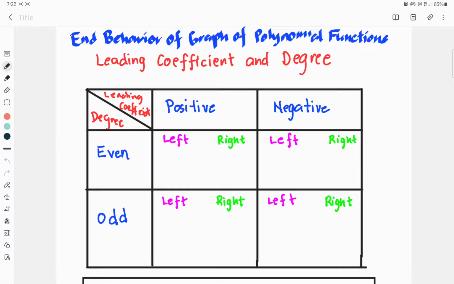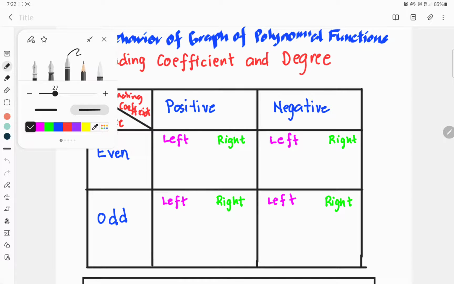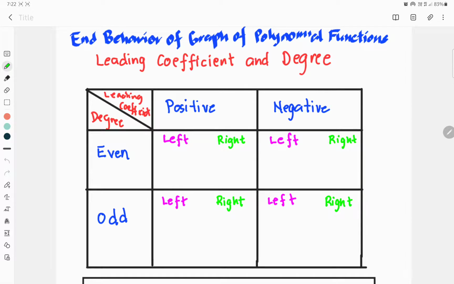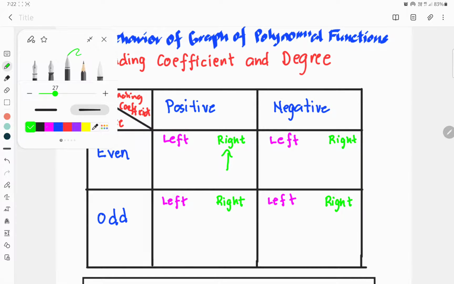Now, let's look at this one. If the leading coefficient is positive and the degree is even, there are two behaviors that we could look at. On the right side of the graph, it would go up, while on the left side it would go up as well.